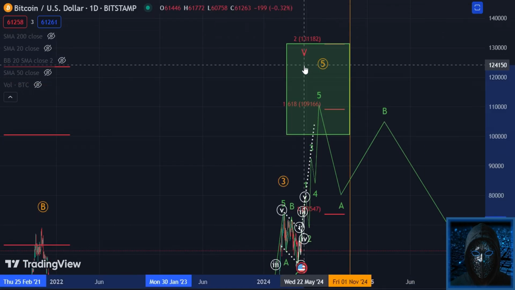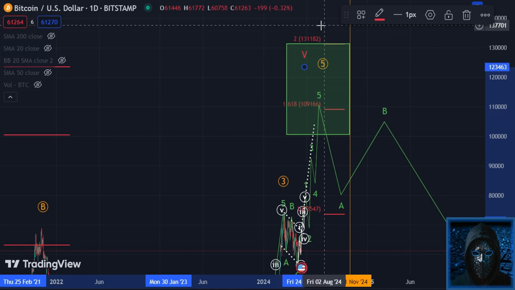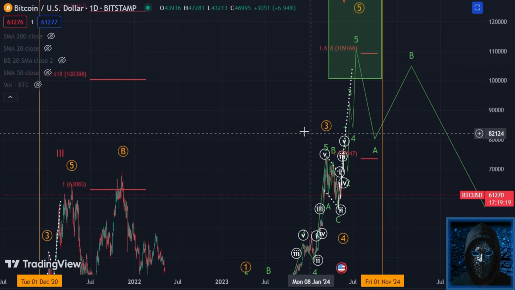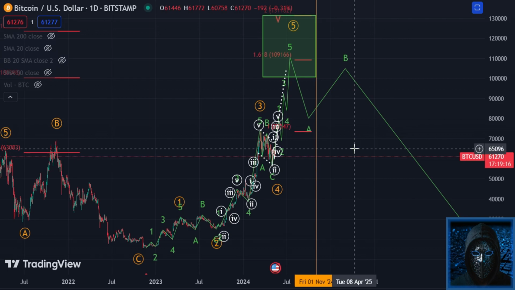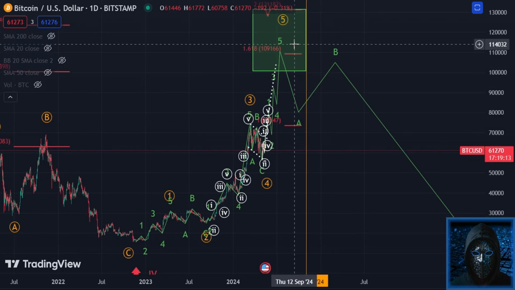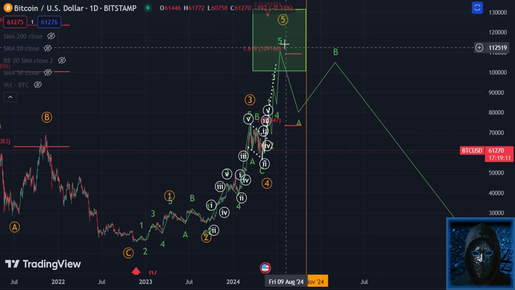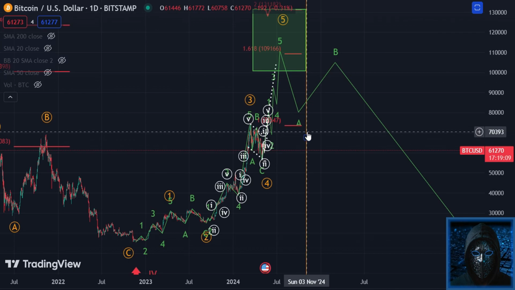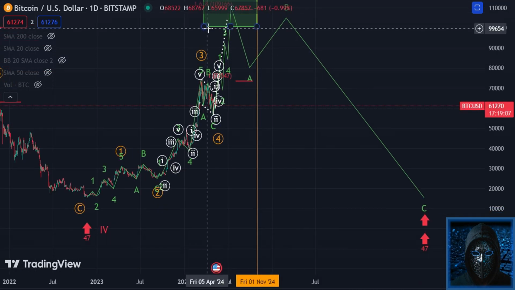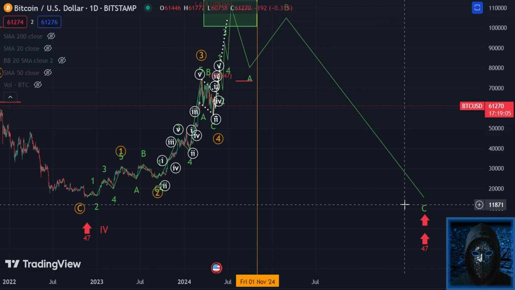So this is what I am watching in this bull run. These are my targets, and my primary idea is that we top out before the midpoint and then go into an extended bear market.